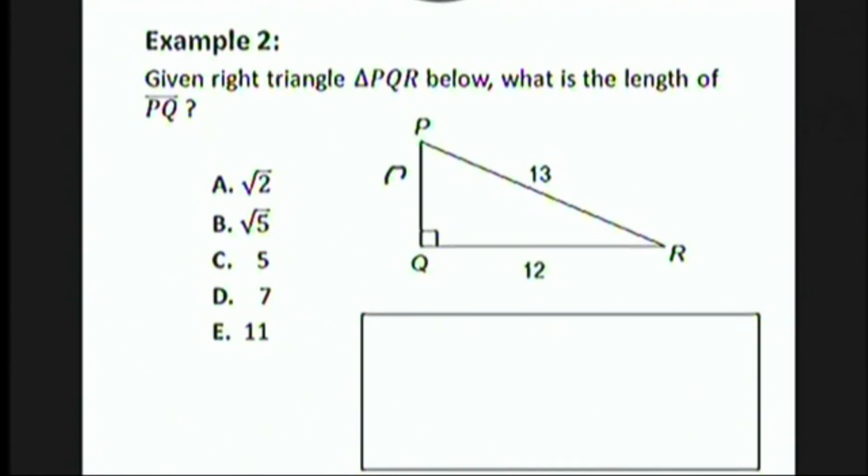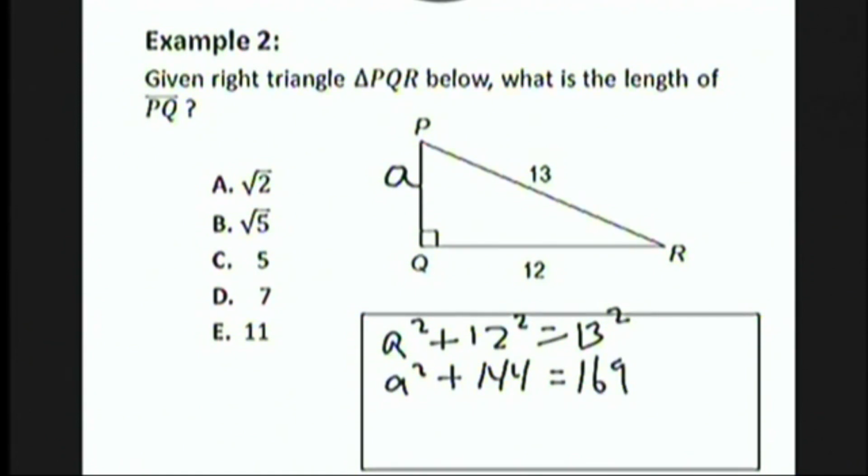So let's call this side length A. And by the Pythagorean theorem, we have A squared plus 12 squared equals 13 squared, or A squared plus 144 is equal to 169. Subtracting 144 from each side of this equation, we get A squared is equal to 25, so that A is the square root of 25, which is 5, and that's choice C.